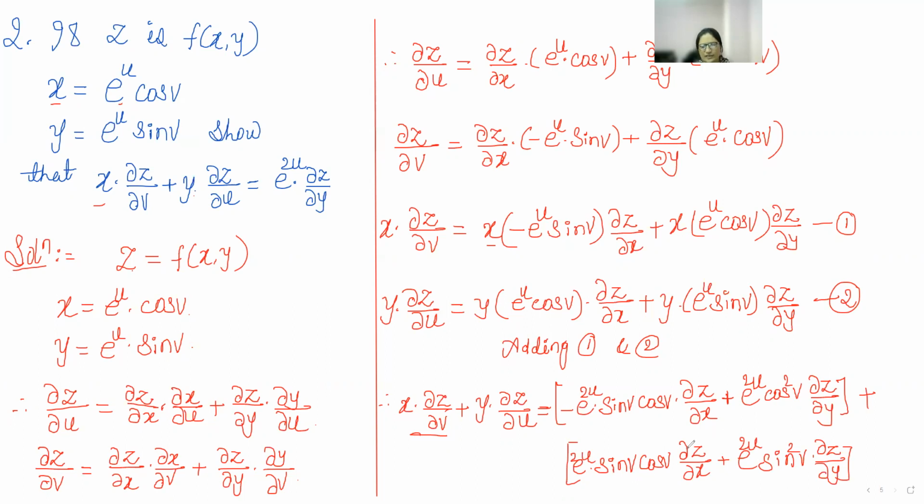Now here it is enough to understand. One term is negative, one term is positive. These two terms are the same, but one is negative and one is positive, so these two terms will get cancelled. Remaining two terms are there: e^2u cos²v ∂z/∂y and e^2u sin²v ∂z/∂y. And if you take e^2u ∂z/∂y as a common term, in the bracket cos²v plus sin²v gives 1.